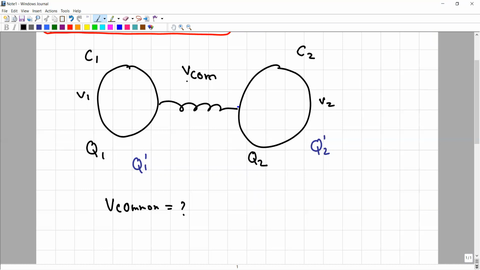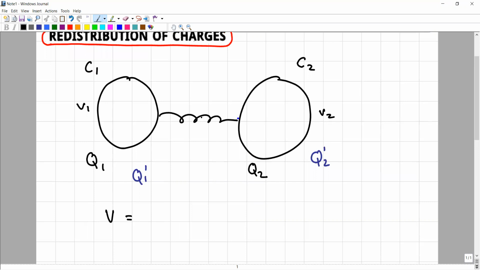Both of them will have the same potential. So we need to first calculate what this common potential is. That is the potential after they are connected. Okay. Now to calculate that, we first need to find the total capacitance and the total charge.